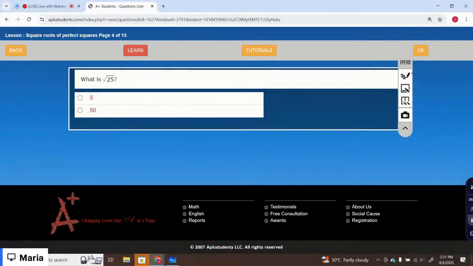What is the square root of 25? The square root of 25 equals 5. 5 multiplied by 5 equals 25.